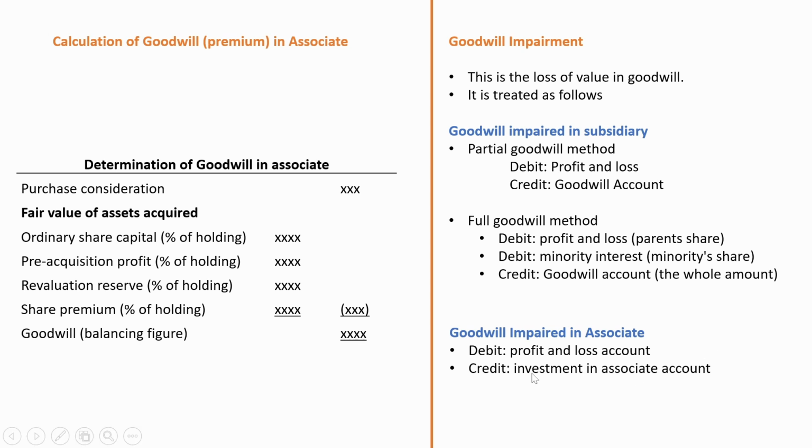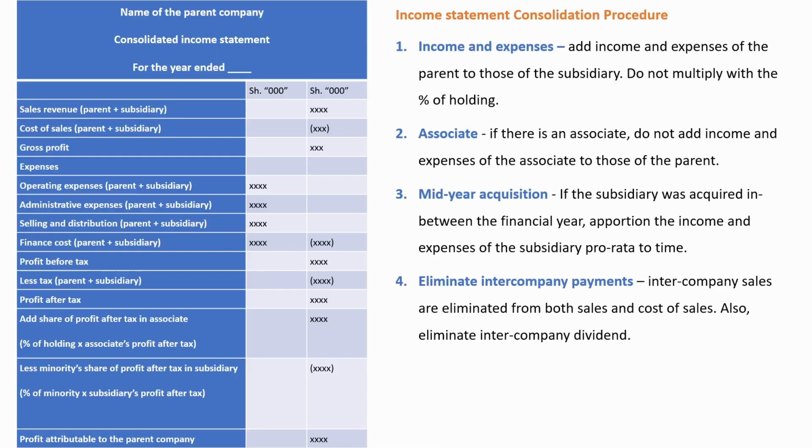Instead, we prepare an account known as investment in associate account, where goodwill impaired is credited. So that is a very important step in the consolidation process, the calculation of goodwill, which is usually a must for students to calculate in an exam case.